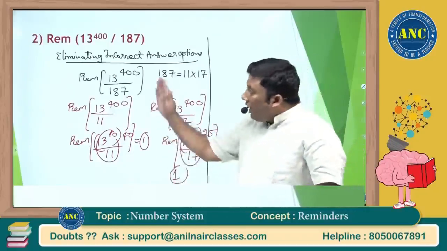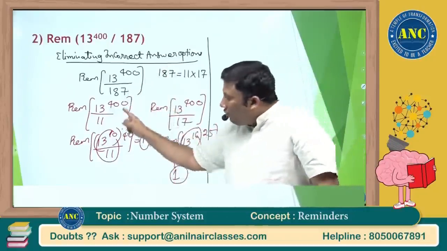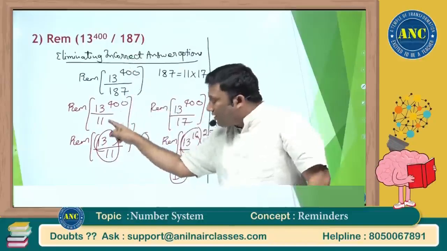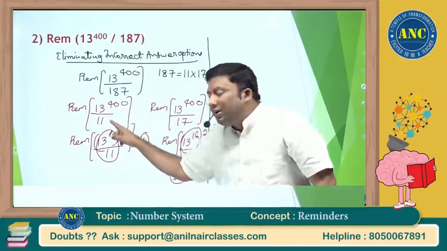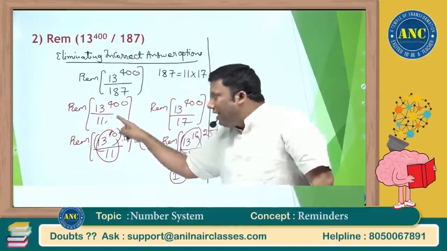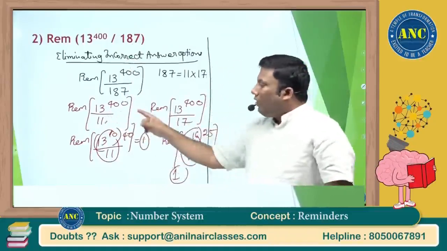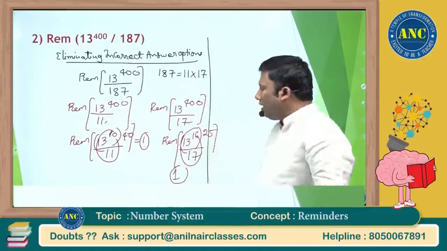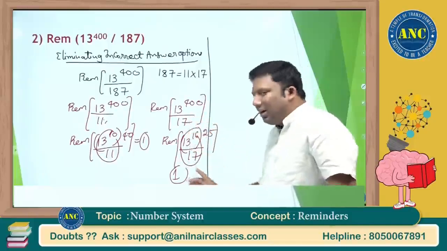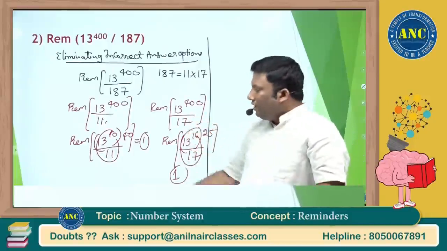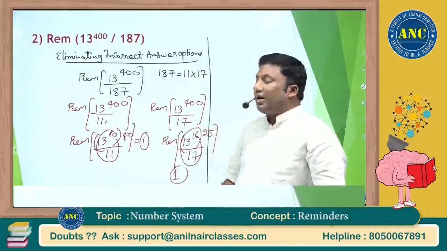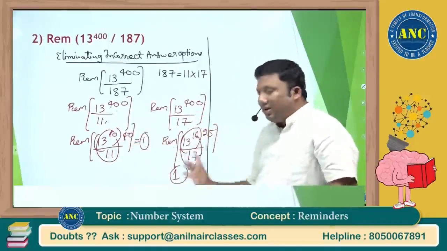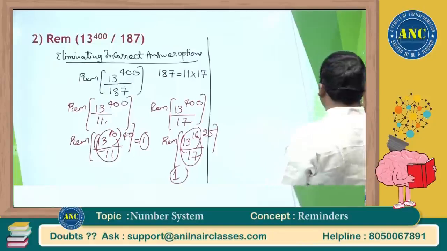That means the answer for this question, when you divide by 187, which is 11 into 17: when divided by 11, I should get 1, and when divided by 17, I should get 1.